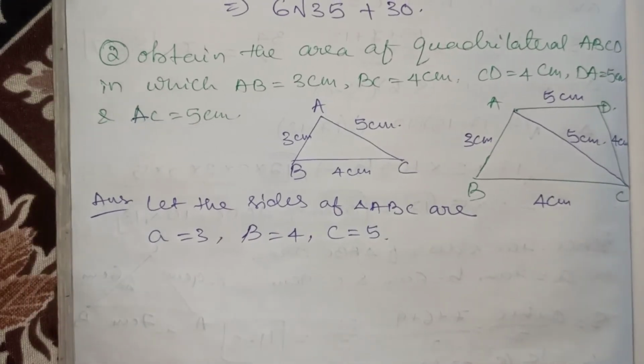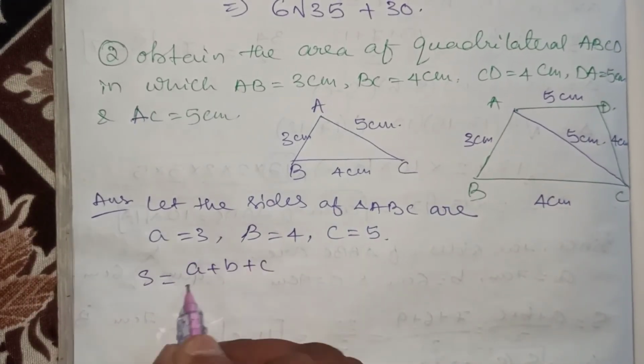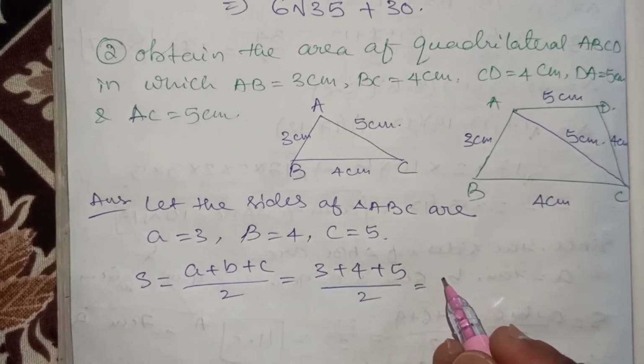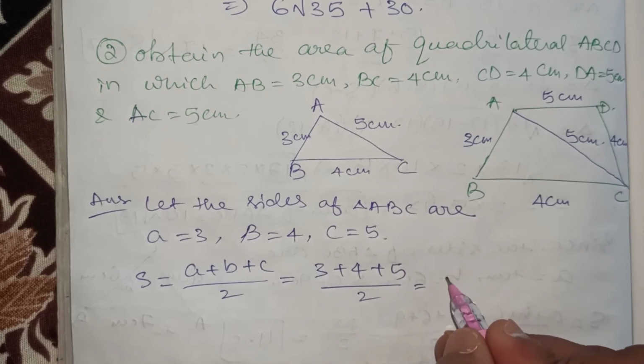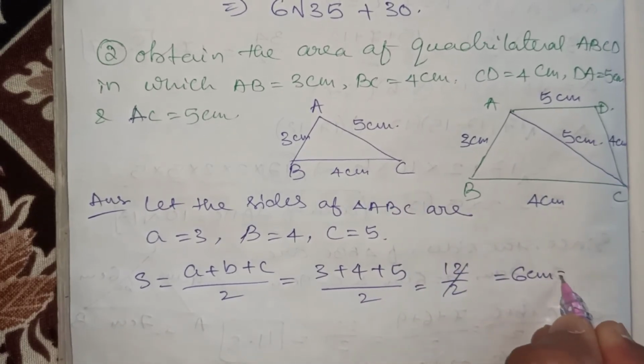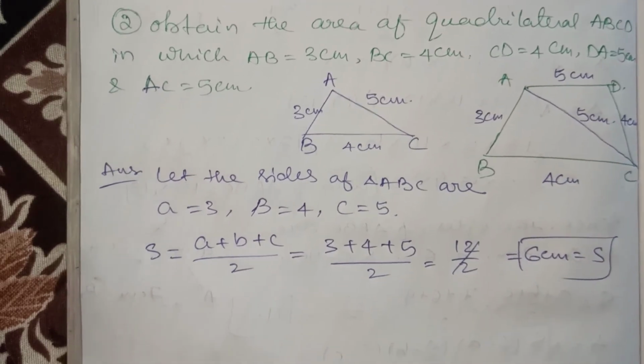So first of all, we will find out the value of s. s equals (a plus b plus c) by 2, (3 plus 4 plus 5) by 2, that is 3 plus 4 is 7, 7 plus 5 is 12, 12 by 2 is 6 centimeter. This is the value of s.